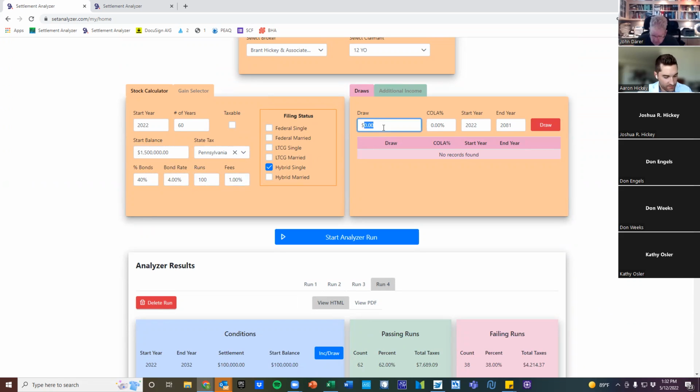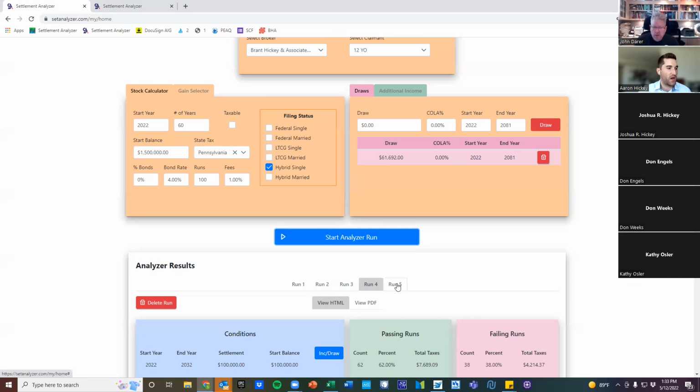We'll go back to the draw, which was 61,692, and we'll hit our draw button to have it enter. And the request was to change the bond percentage. We'll change them from 0 to 40% and see how that changes the likelihood of success.